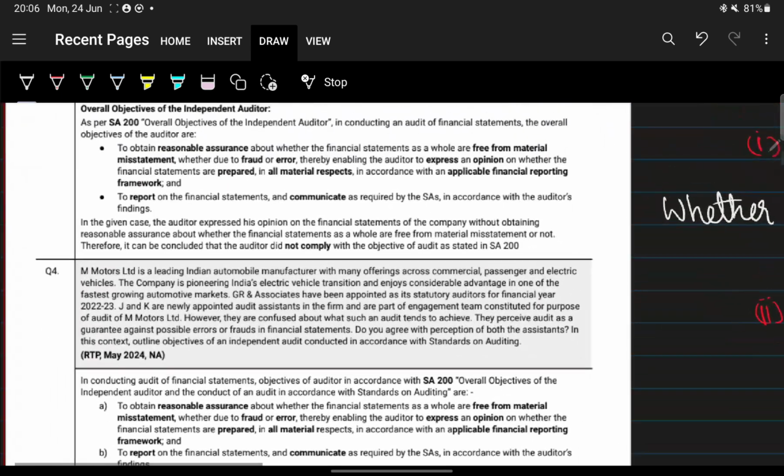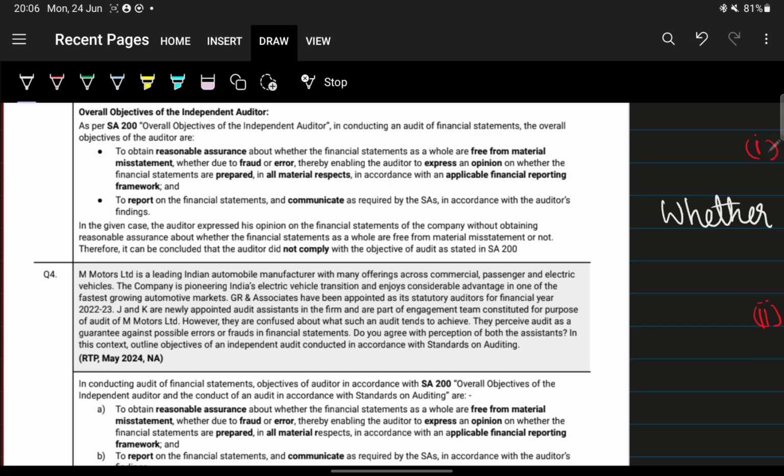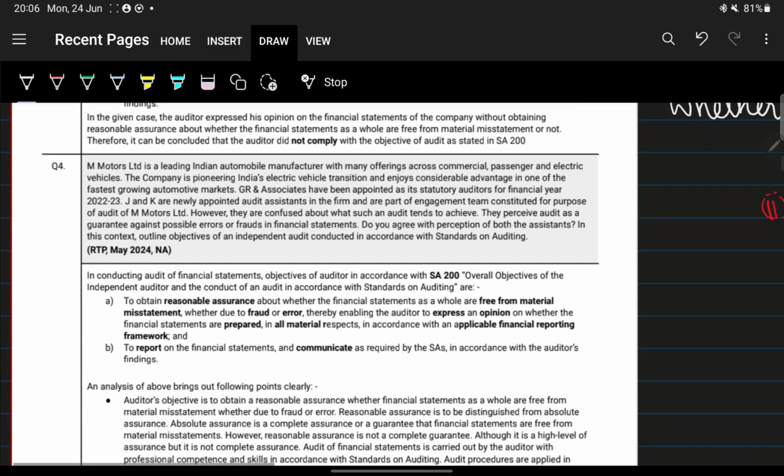And then lastly, it is to report on the financial statements and communicate as required by the SAs in accordance with the auditor's findings. In the given case, the auditor has expressed his opinion on the financial statements without obtaining reasonable assurance. He has not obtained reasonable assurance whether financial statements as a whole are free from material misstatement or not. So it can be concluded that the auditor did not comply with the objective of audit as stated under SA 200. Perfect. Next.